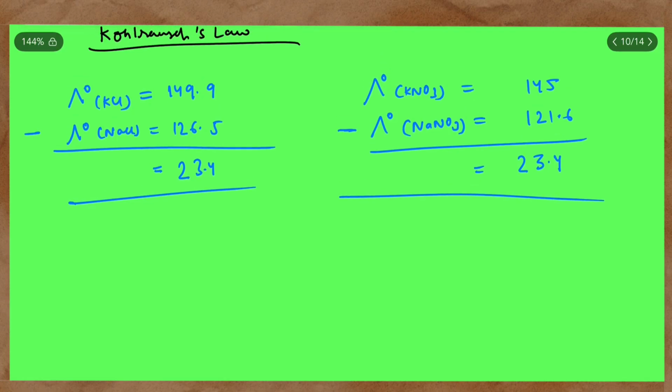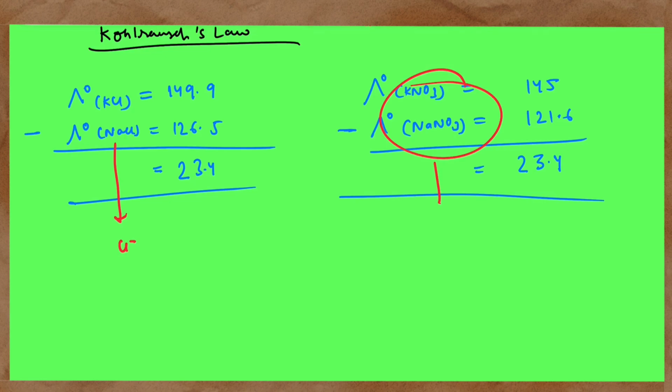So that was the fascinating thing. Why are both giving 23.4? There must be some logic. While looking at the electrolytes KCl and NaCl, and KNO3 and NaNO3, we see that KCl and NaCl have a common ion, that is Cl negative, and here KNO3 and NaNO3 also have a common ion, that is NO3 negative.